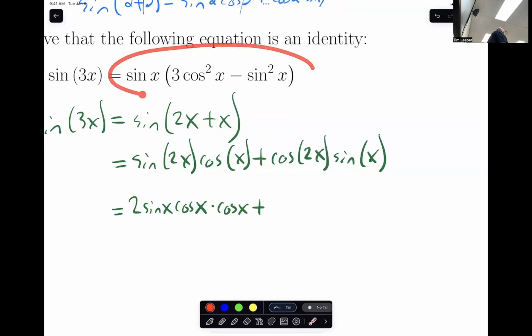Let's look at this right side of the identity. Notice if I distribute the sine, that's going to give me 3 sine of x cosine squared of x, right? And then minus sine cubed of x. Well, here's the thing. If I replace cosine of 2x with cosine squared minus sine squared, that will help me out more than the rest.